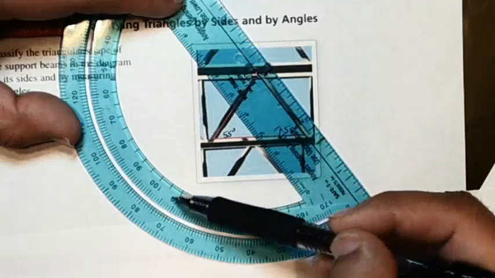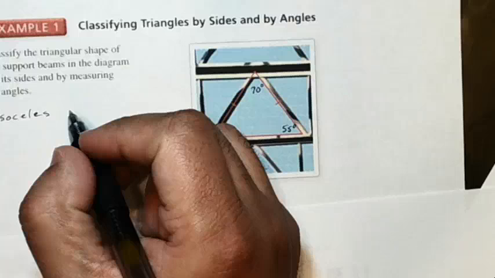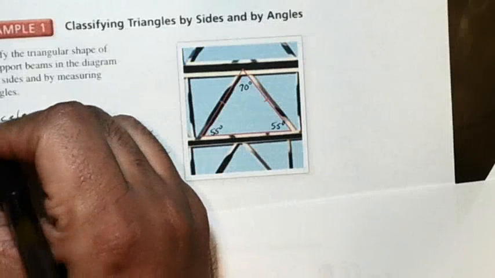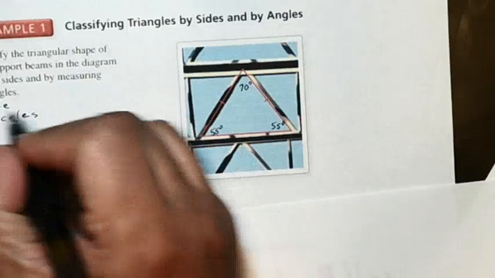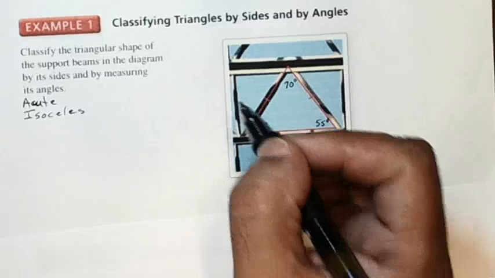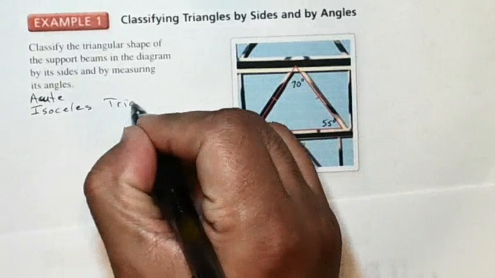And following that, looks like that's going to be 70. So we got an isosceles. We'd call this an acute isosceles, if I can spell. Excuse me, ACUTE, acute isosceles triangle.